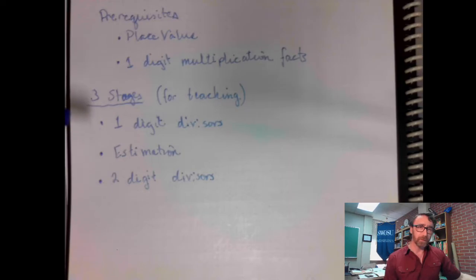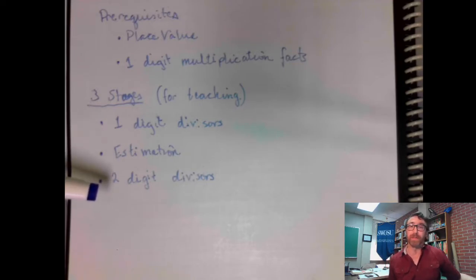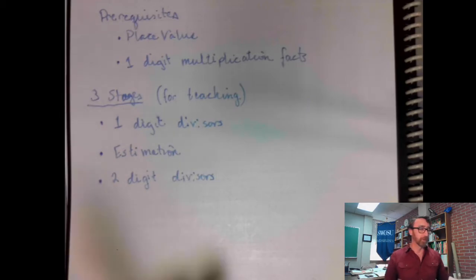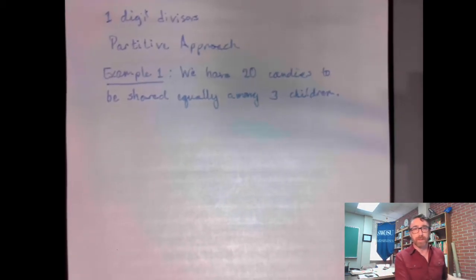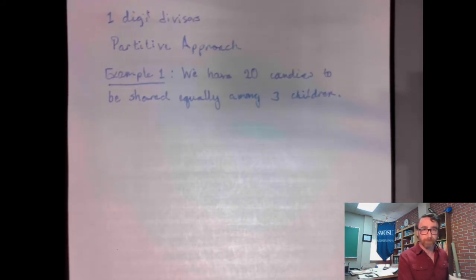So the three stages for teaching the division algorithm involve beginning with one-digit divisors, which is what we're going to do in this video. Maybe have something on estimation, because that's very important when you get to two-digit divisors, as we'll see later on. Okay, so let's go ahead and look at some one-digit divisor examples.